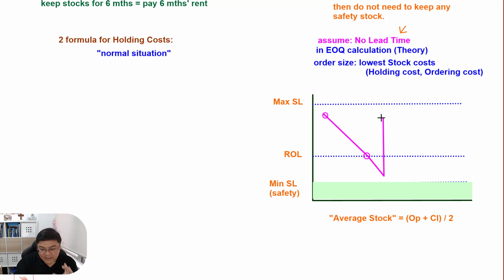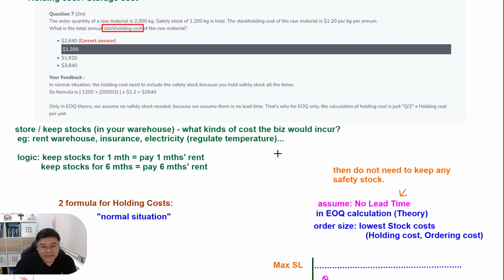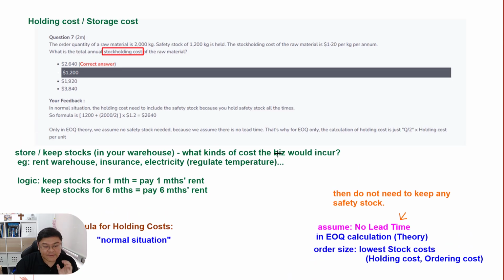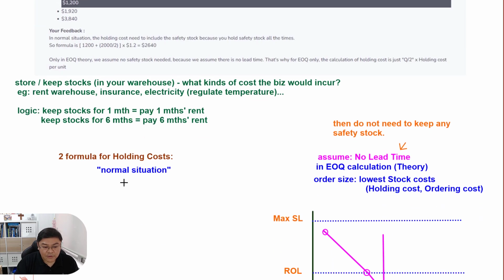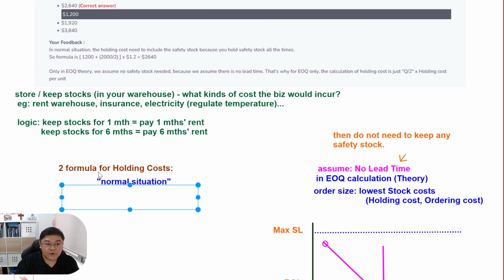So it goes up to Q, comes down to this point, so it's still Q divided by 2. But you add in the safety stock because you keep it. That is why in a normal situation, when you calculate your holding cost, we take the safety stock quantity, plus Q divided by 2, and then multiply by the holding cost per unit.